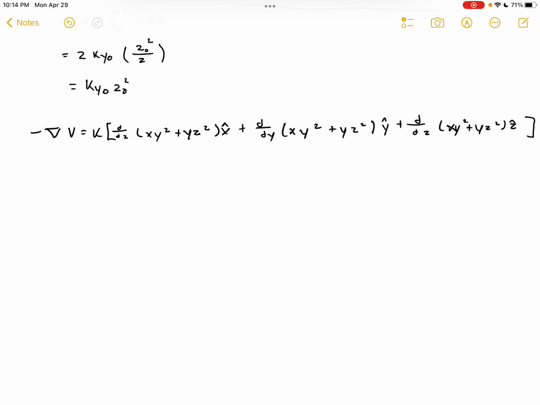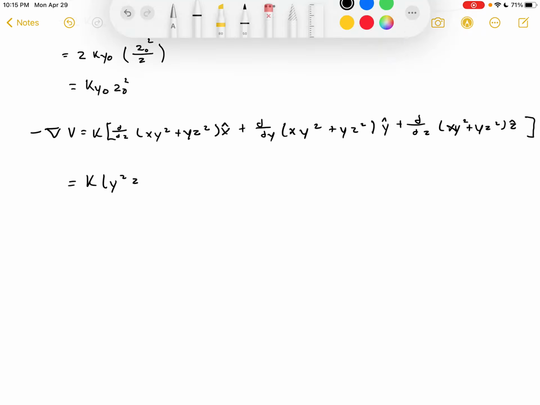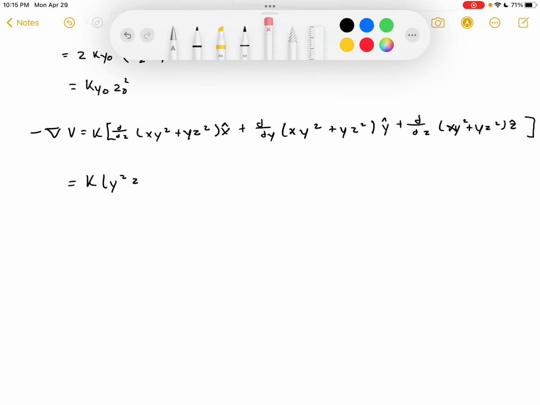Which then equals k, so y squared x hat plus 2xy y hat plus 2yz z hat.